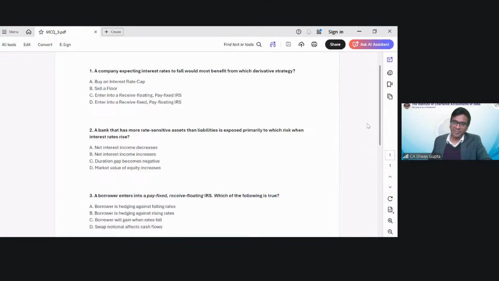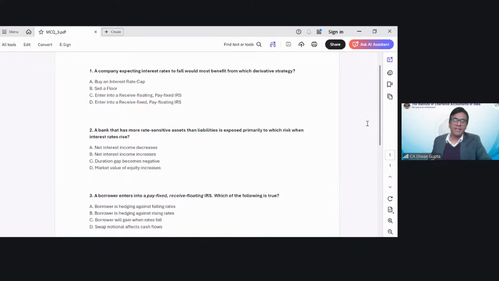Selling a floor means that you are into a borrowing position, student, right? So a borrowing position will not help in case the interest rates are likely to fall. The position that is going to help you if you receive floating and pay fixed.